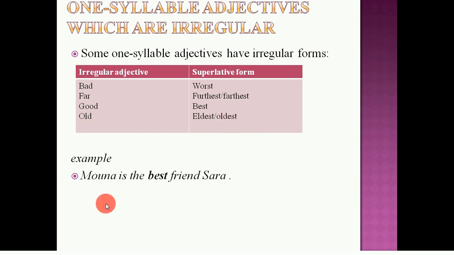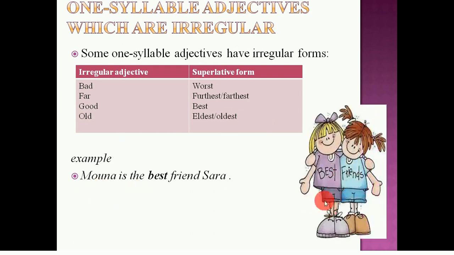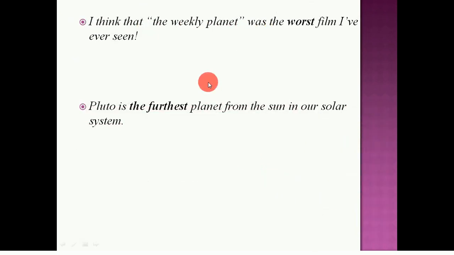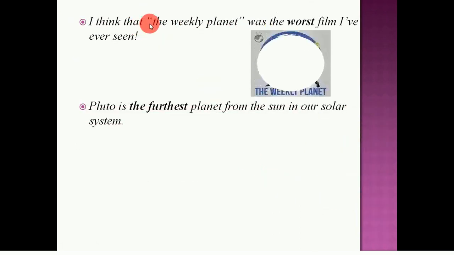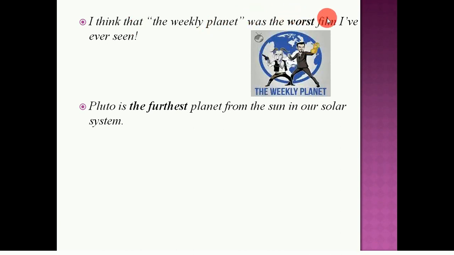example Muna is the best friend of Sarah. okay. another example I think that The Weekly Planet was the worst film I have ever seen.